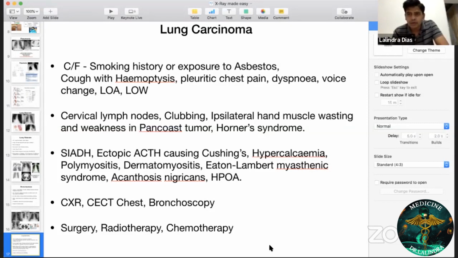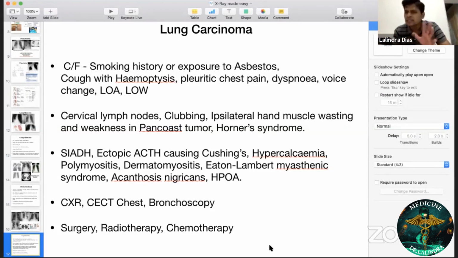You can get various endocrine manifestations like SIADH, ectopic ACTH secretion causing Cushing syndrome. You can get hypercalcemia. You can get hyperglycemia. You also can get various neurological disorders like Eaton-Lambert myasthenic syndrome. You can get muscle weakness called polymyositis, and sometimes polymyositis with a rash, you call it dermatomyositis.